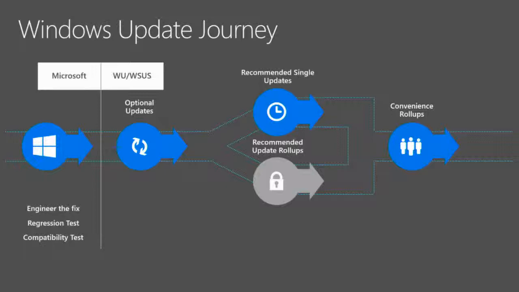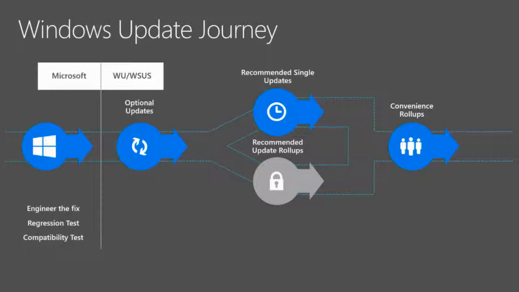And so publishing updates as optional for a certain amount of time gives us the ability to collect telemetry and see if those updates work or don't work, and correct any flaws if needed, before marking them recommended or important for the whole world to take. And we've been doing that, as I said, for a couple of years now on Windows 8 and Windows 8.1 and Windows Server 2012 and Windows Server 2012 R2.